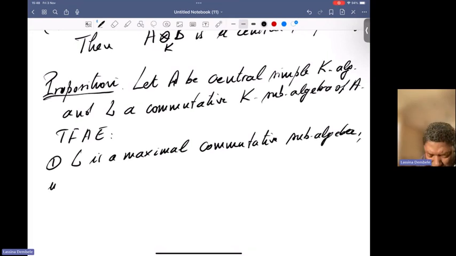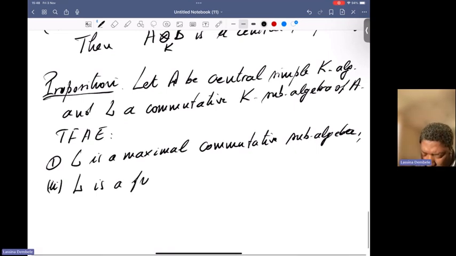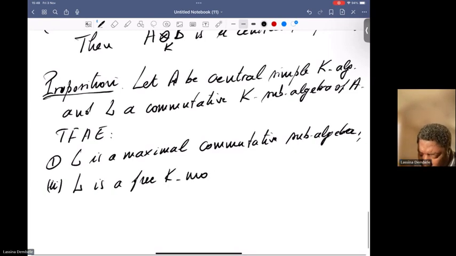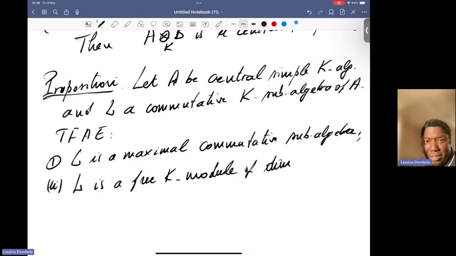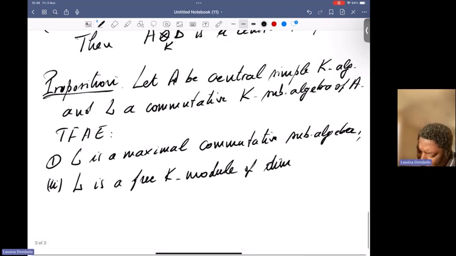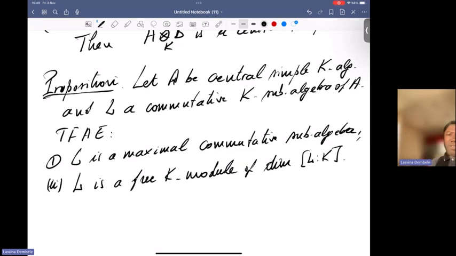The second condition says that L is a free submodule of A as a K-module, of dimension [L:K], the degree of the field itself.